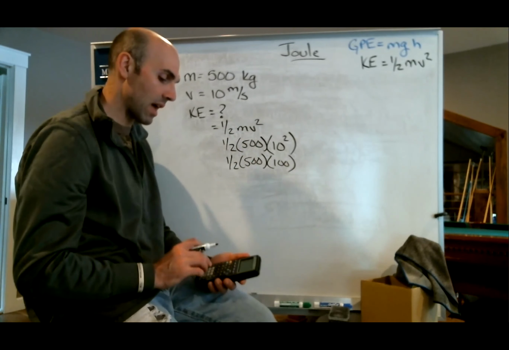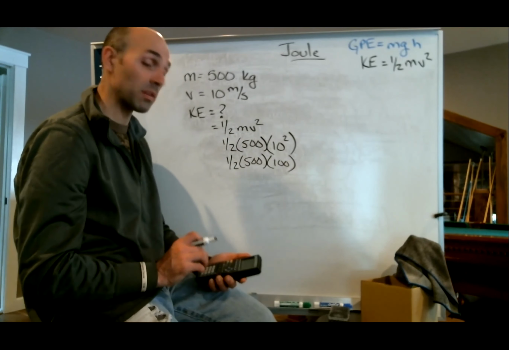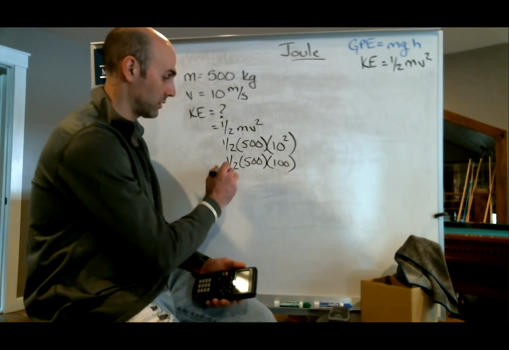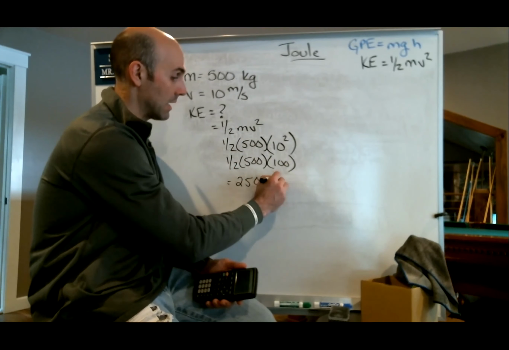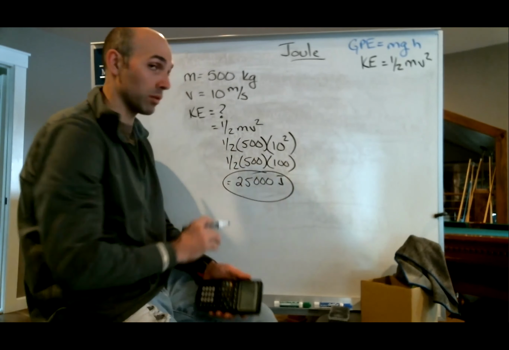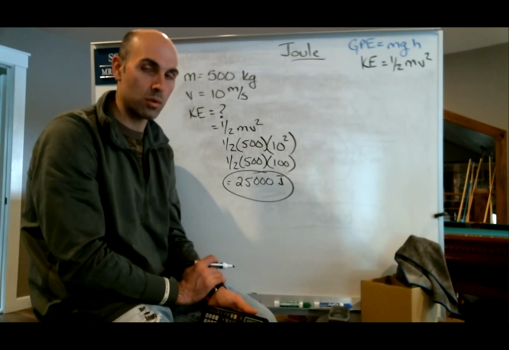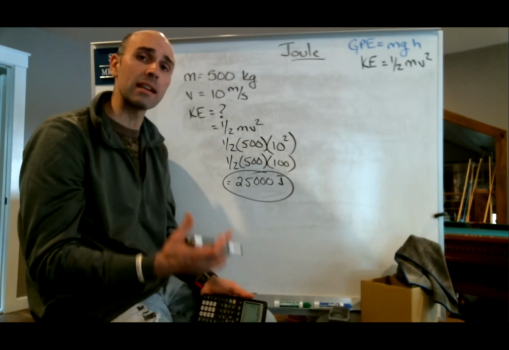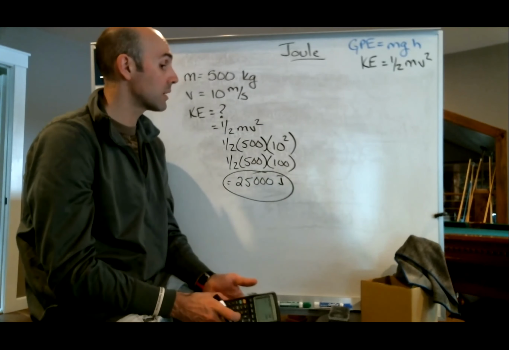And then half that, you get 50,000. And then half that, and you get 25,000. And again, those are in joules. Anytime we're measuring energy, it is in joules. Okay? So you just successfully calculated gravitational potential energy and kinetic energy.